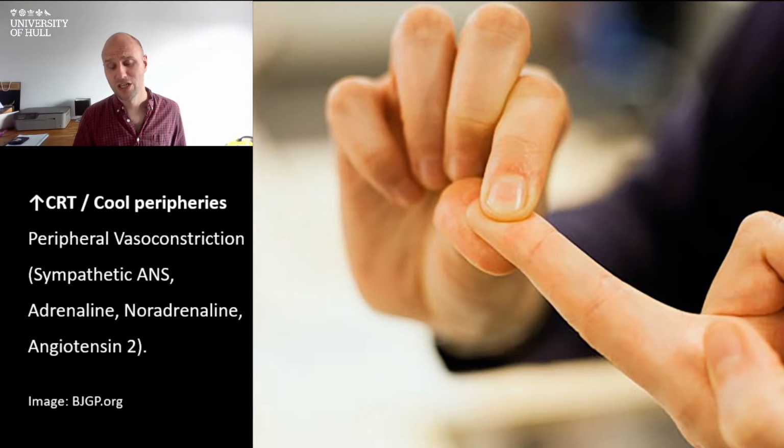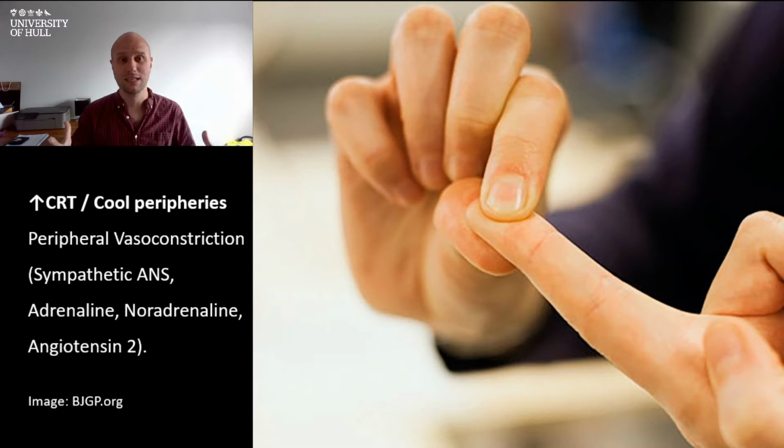Now, because you've got this drop in blood pressure and the autonomic nervous system is involved, you will get vasoconstriction as the nerves encourage the blood vessels to constrict, but also the nervous impulse to the adrenal glands will cause circulating adrenaline and noradrenaline, and also there'll be release of angiotensin eventually, although that's probably got less of a role to play in this instance.